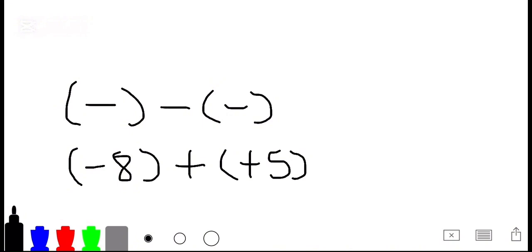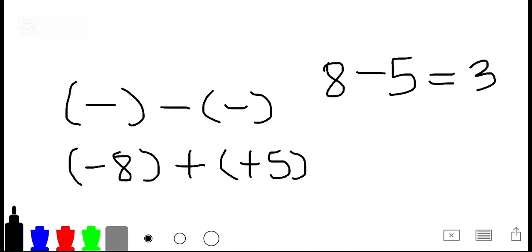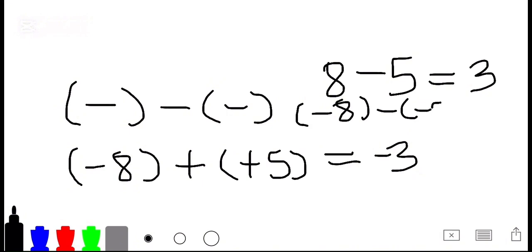We can find this out easily from what we learned previously. We can do 8 minus 5, which is 3, and take the symbol of the biggest number, which is still 8. And so we're left with -3. So we know -8 minus -5 equals -3.